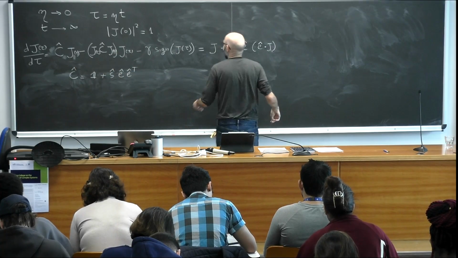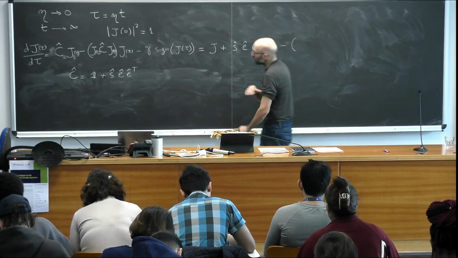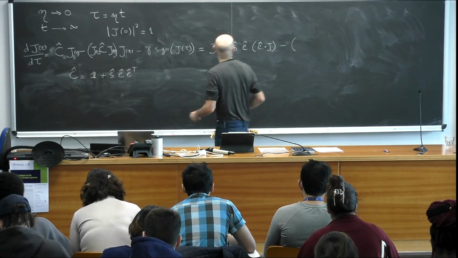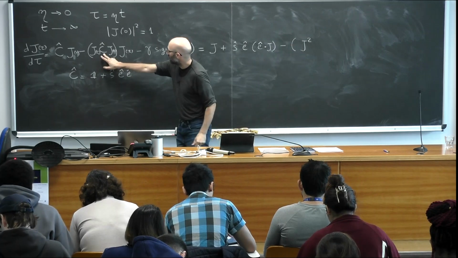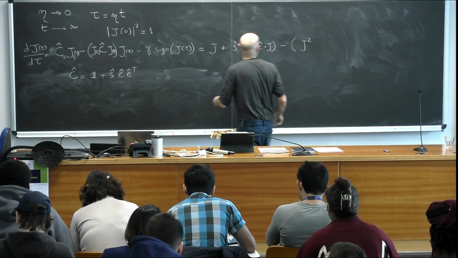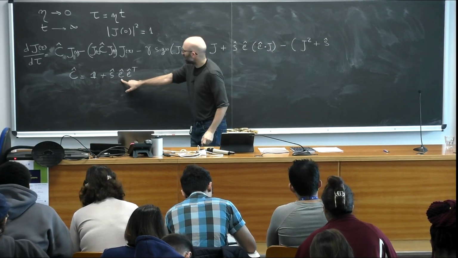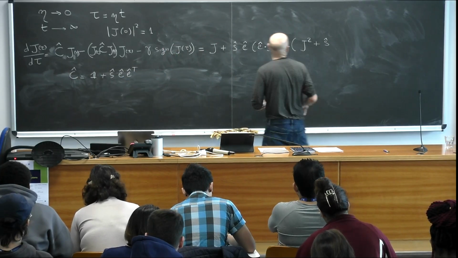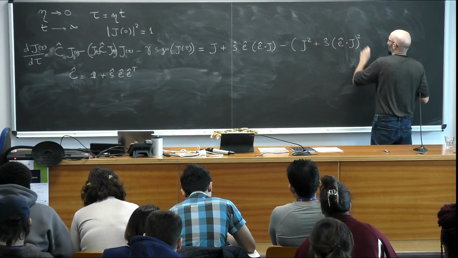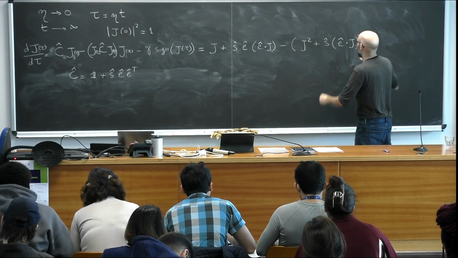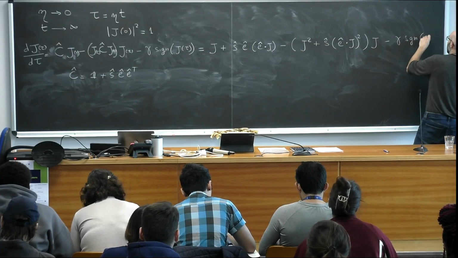And in the second term, I get minus the norm of J squared times J, when I put the identity here. And then I get plus S hat times E hat dot J squared, times J, minus gamma sign of J.